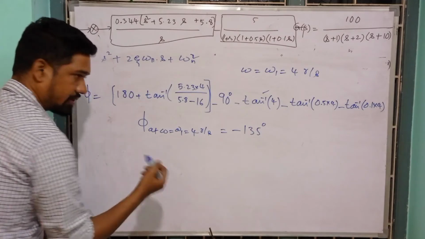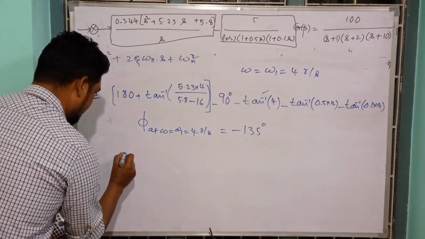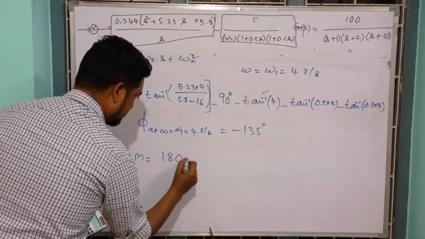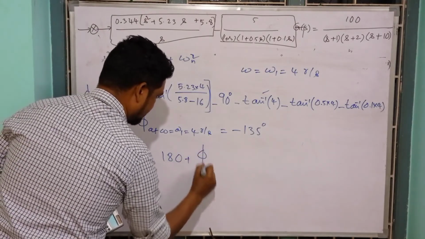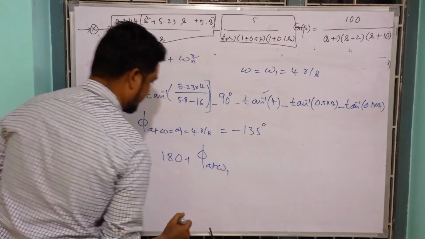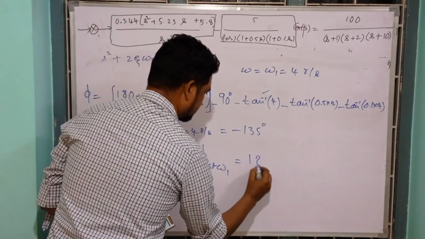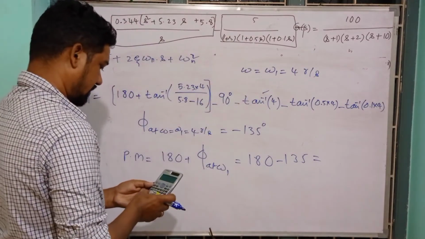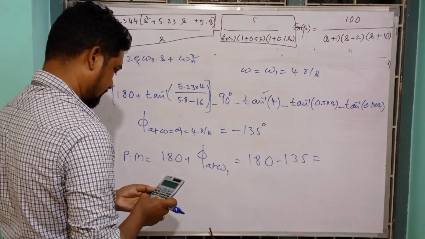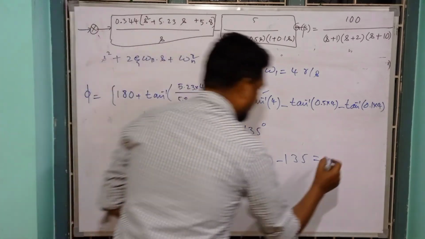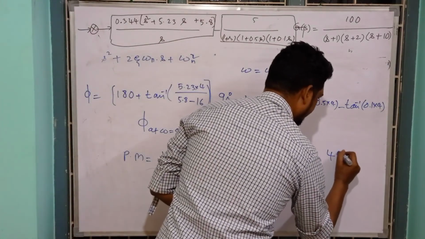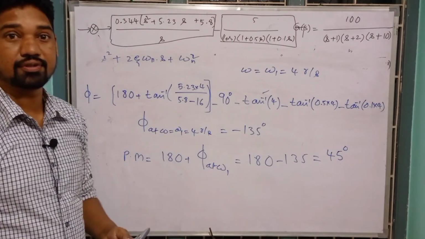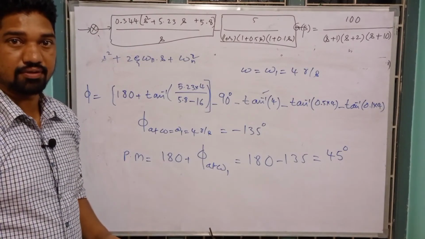And how to obtain the phase margin? Phase margin is defined to be 180 plus the resultant at omega 1, isn't it? So that will be 180 minus 135, which is equal to how much? 180 minus 135, guys, it's 45 degrees, okay? 45 degrees, which is the required phase margin.